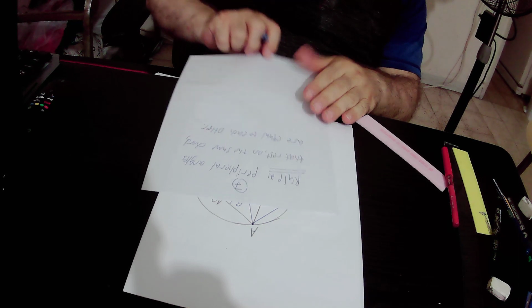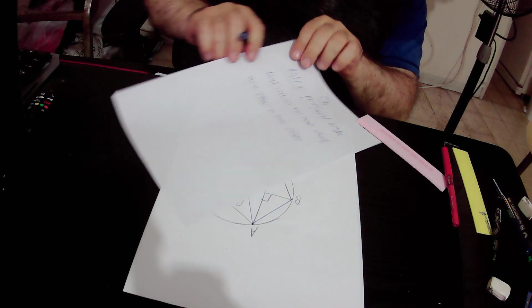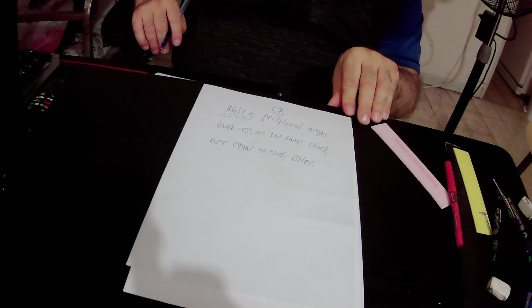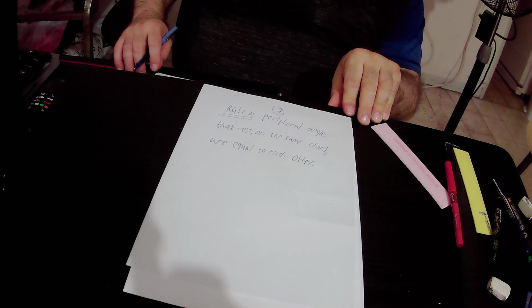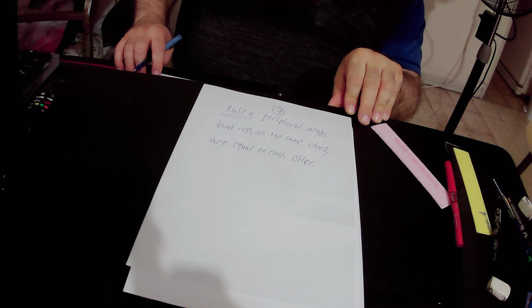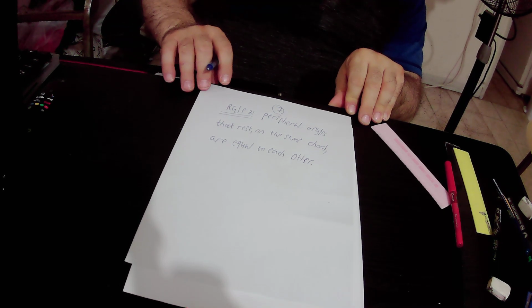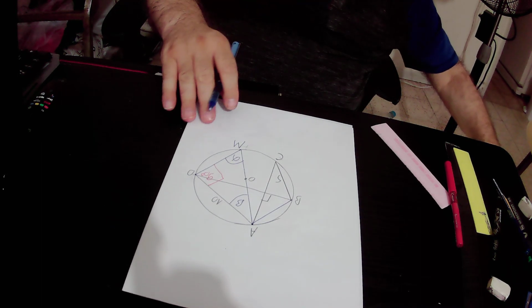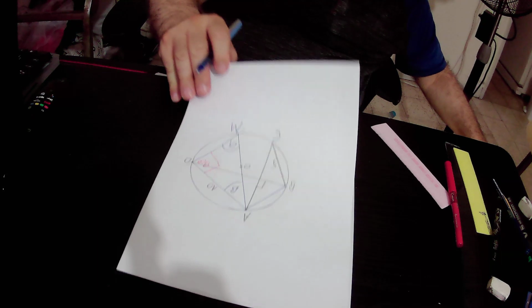So I read rule number 2 again. Rule number 2 states that peripheral angles that rest on the same chord are equal to each other. I will give you an example in order to clarify rule number 2.